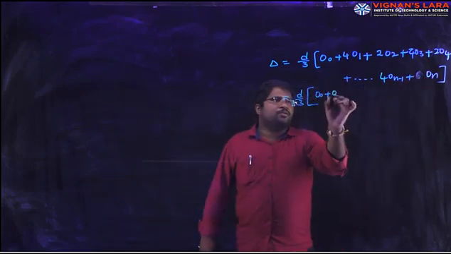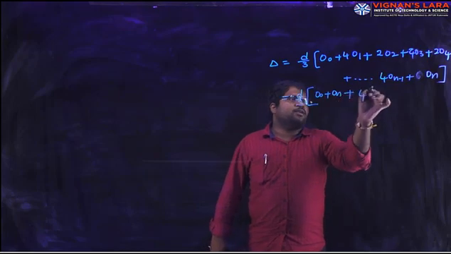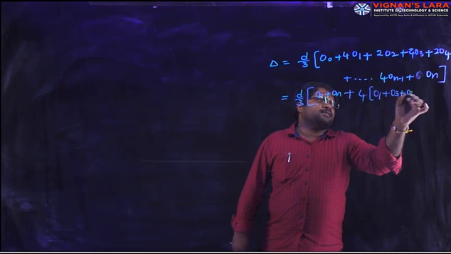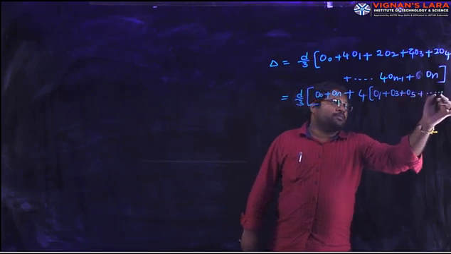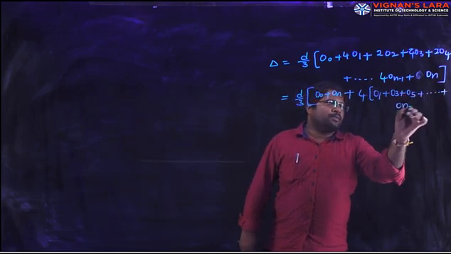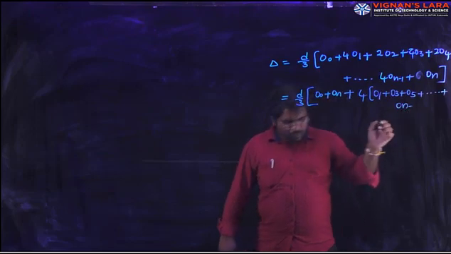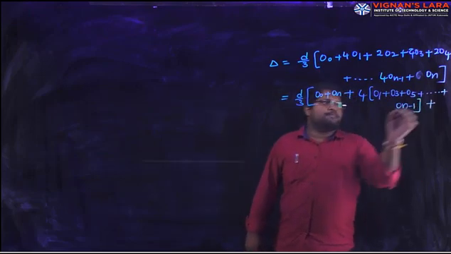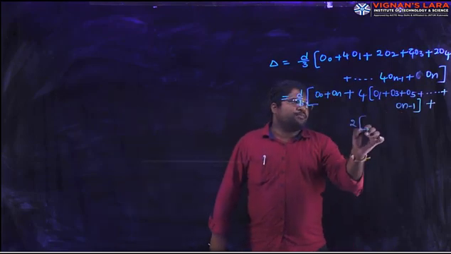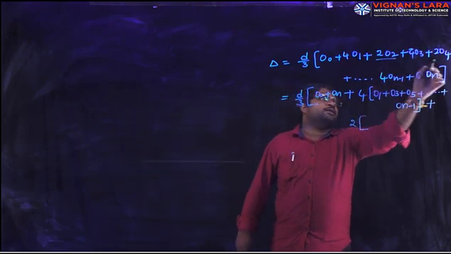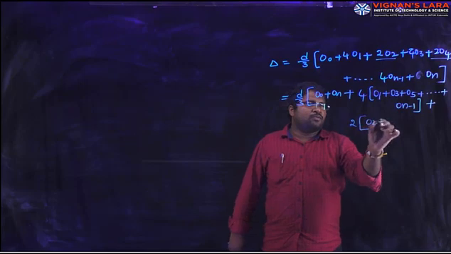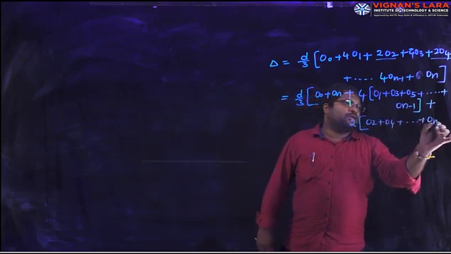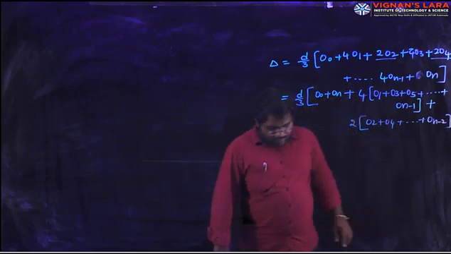So On plus 4 times of O1 plus O3 plus O5 plus on up to On minus 1, plus 2 times of O2 plus O4 plus on up to On minus 2.